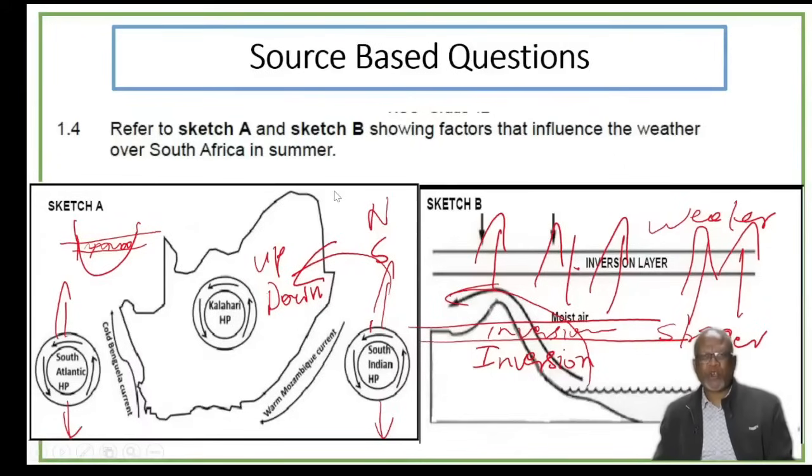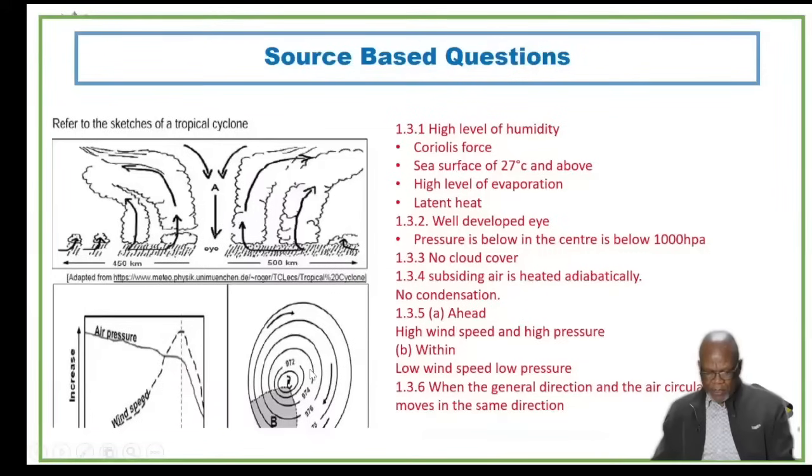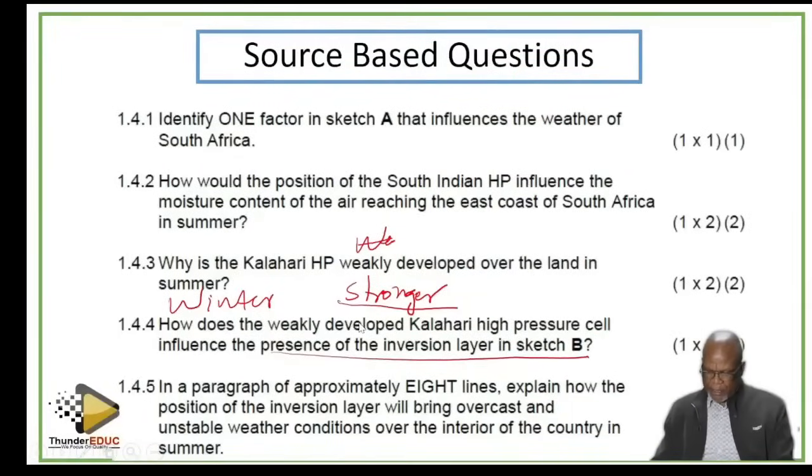So you can ask that question in the opposite direction and say, how does the strong Kalahari high pressure influence the position of the inversion layer? You can say it goes below the escarpment. But for this question, it says, how does the weakly developed Kalahari high pressure cell influence the presence of the inversion layer?